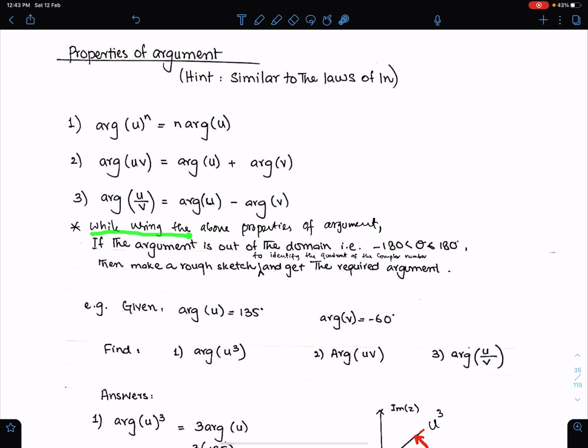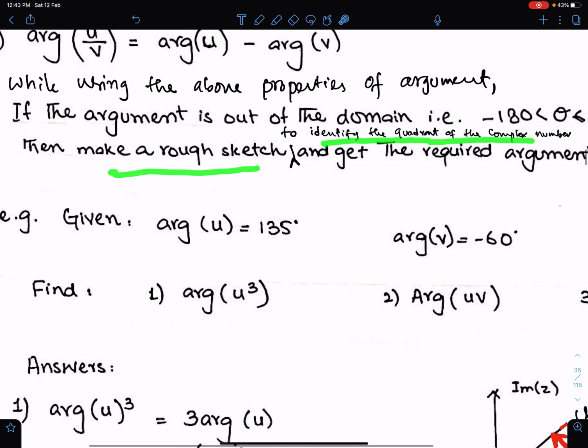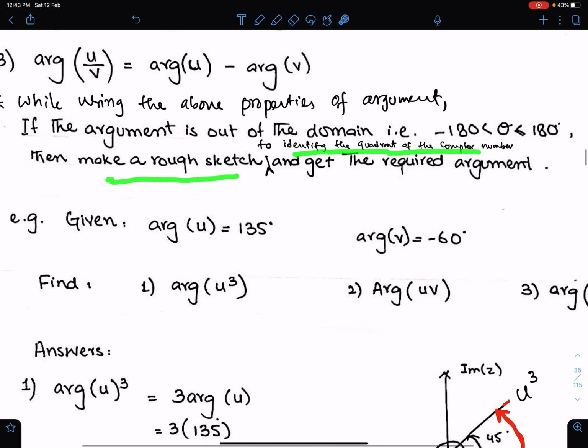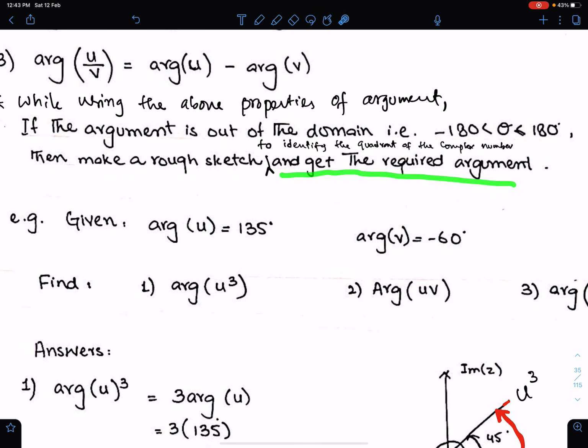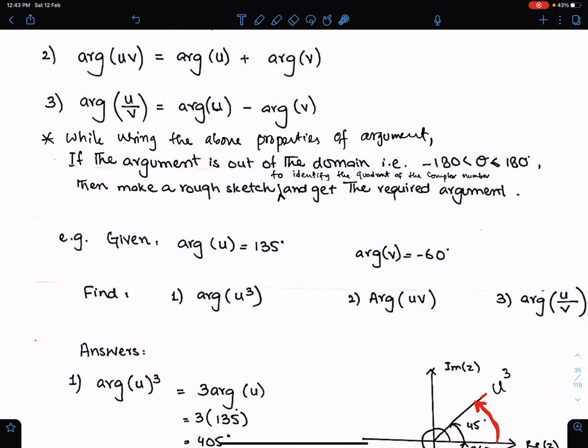While using these properties of argument, if the argument is out of the domain, for example, if you get anything outside this domain, then make a rough sketch to identify the quadrant of the complex number and get the required argument and correct argument.